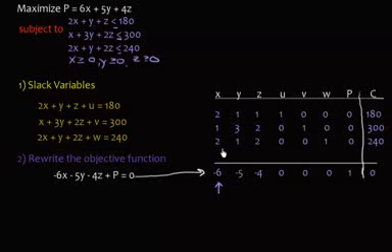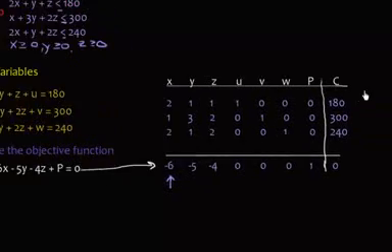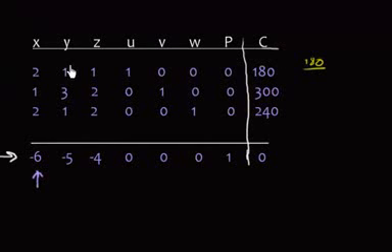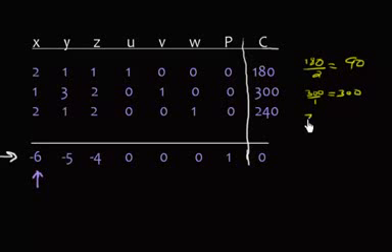We now got to figure out what is our pivot row. So you're going to come over here, and we're going to divide the constant, so like 180 divided by 2, because again the corresponding entry in the pivot column, that gets me 90, and then you do 300 divided by 1, that's 300, and then 240 divided by the 2, and that's 120.